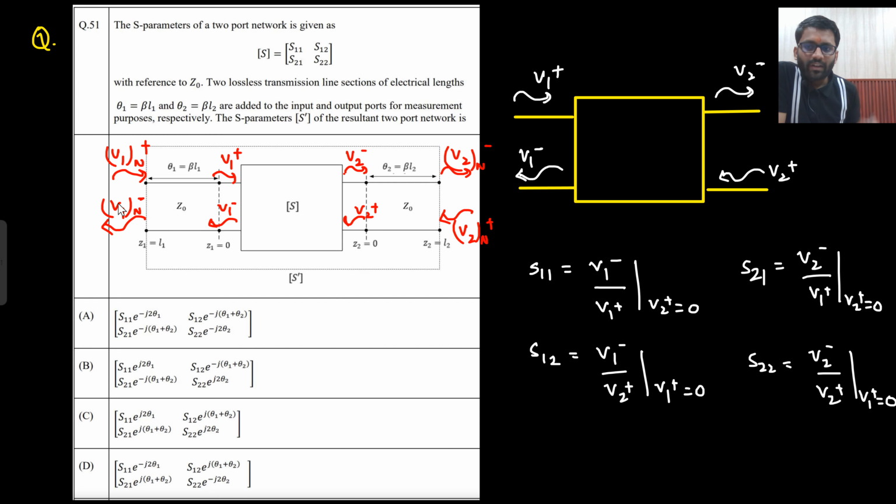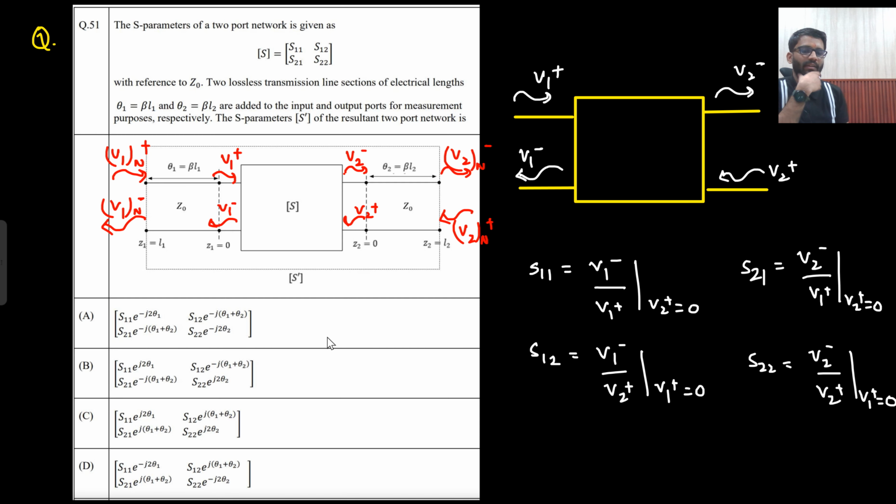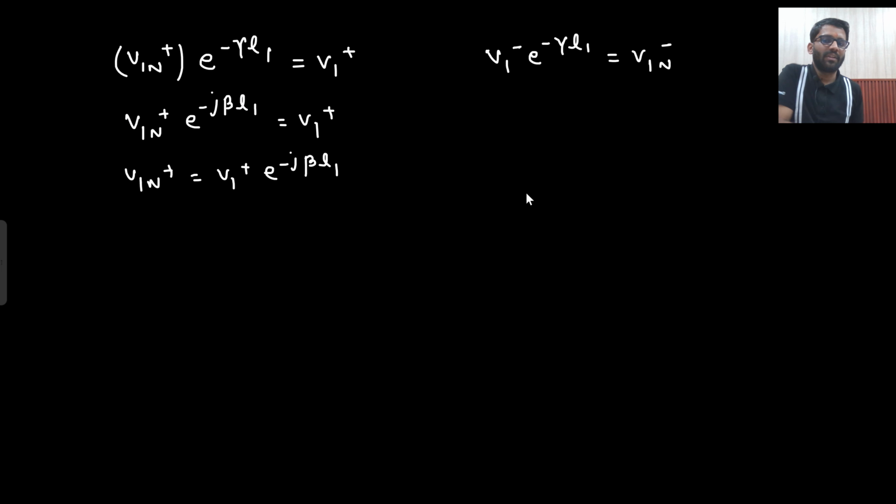Okay. Can you write down V1n minus? V1 minus will travel a distance of L1 and it will become V1n minus. Do you agree to this point? V1 minus is traveling a distance of L1 and it is becoming V1n minus.